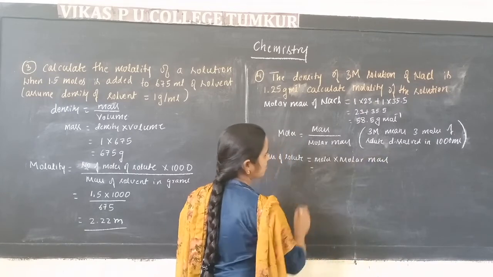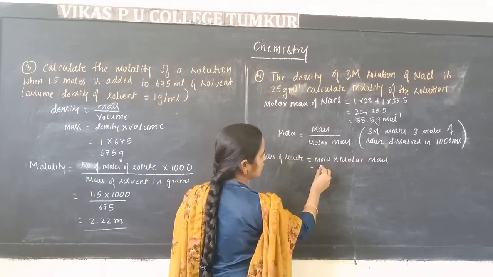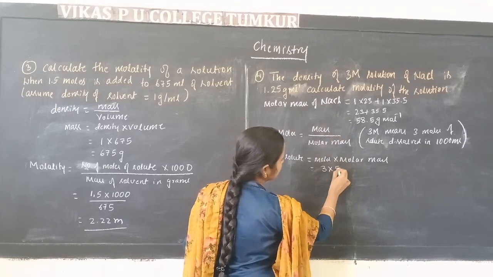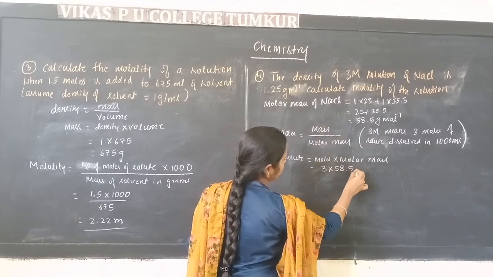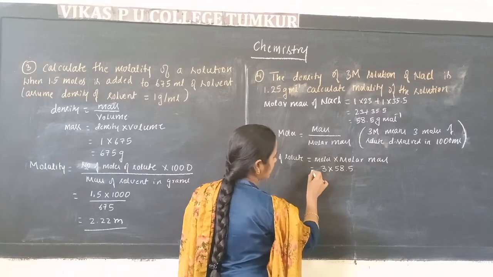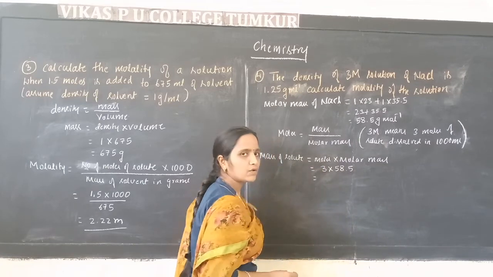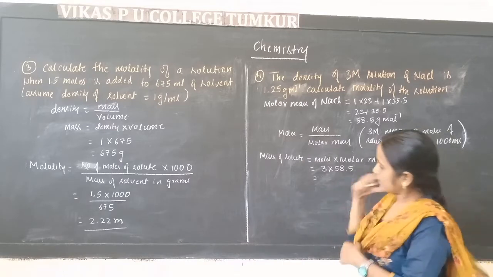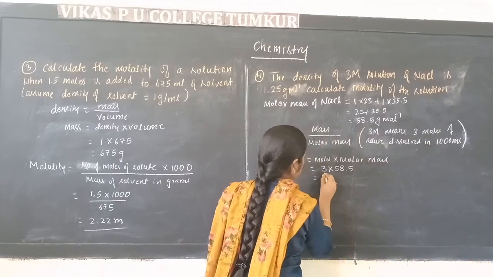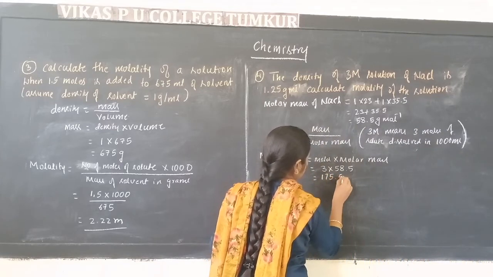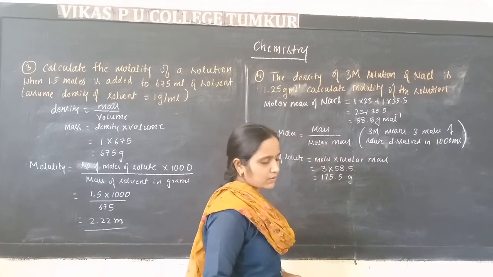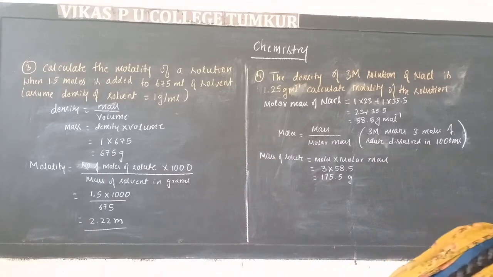How much number of moles? 3 moles. 3 into the molar mass of NaCl, that is 58.5. On calculating this, we are going to get 175.5 gram. That is the mass of the solute.